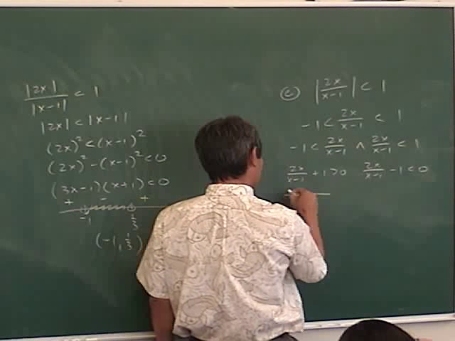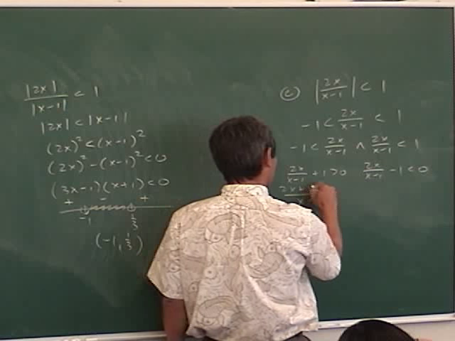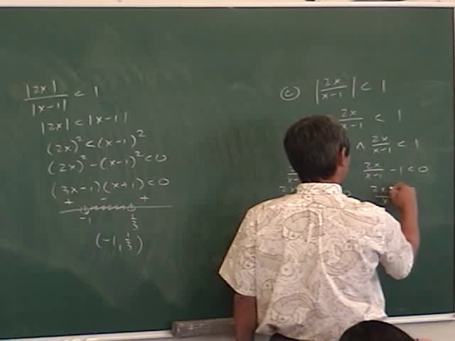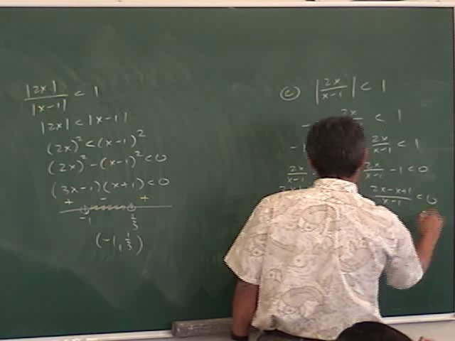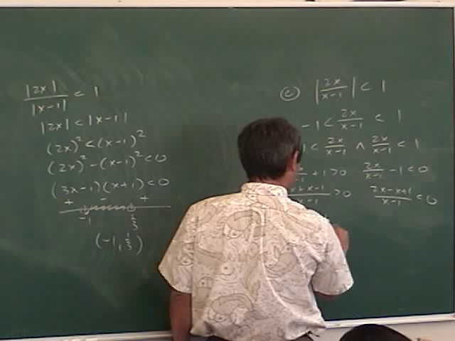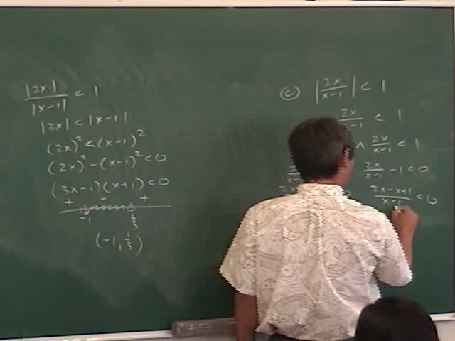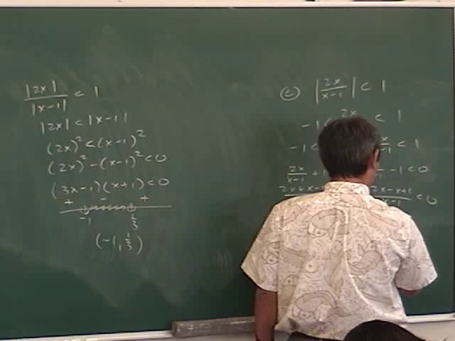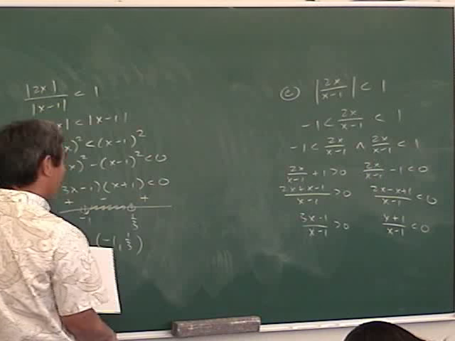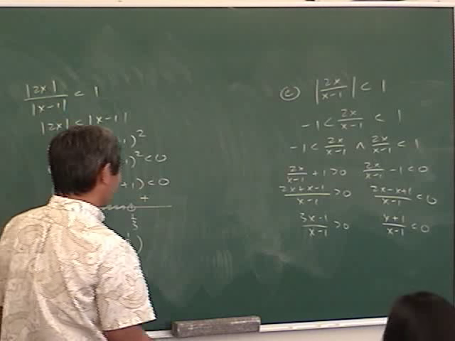So you get 2x plus x minus 1, and over here you get 2x minus x plus 1. And then if you simplify, you get 3x minus 1 over x minus 1 is greater than 0. And this one is x plus 1 over x minus 1 is less than 0. And you can kind of see how you're getting the numbers already, yeah? The -1 and the 1/3.